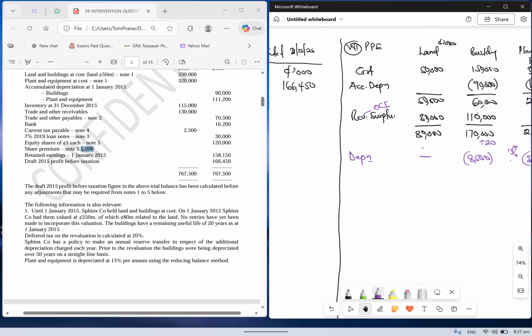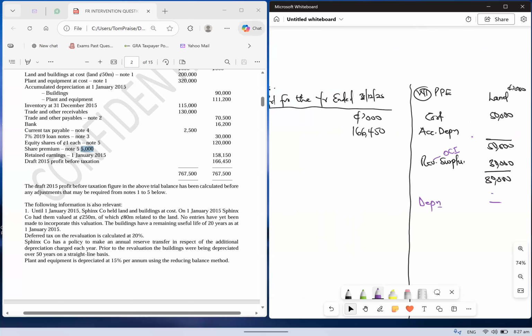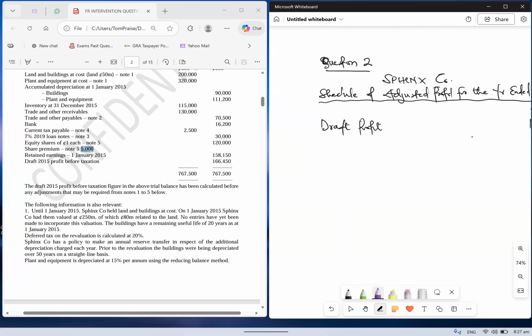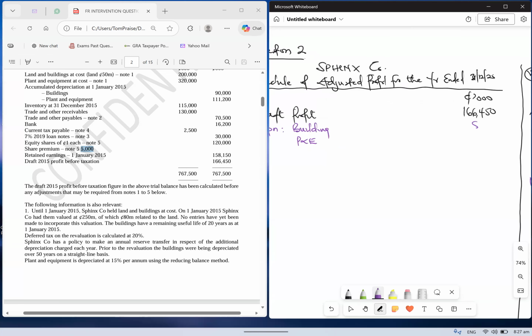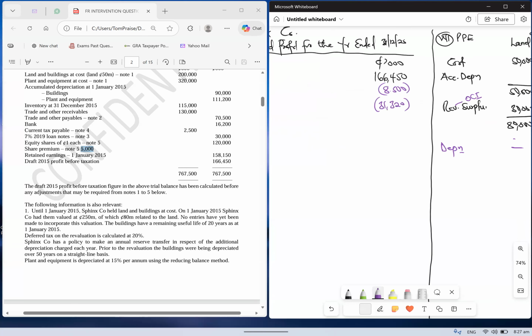Go and do your depreciations. So depreciation. You have building. You have plant and equipment. So we have 8,500. We have 31,320. You've done that. So that is it.